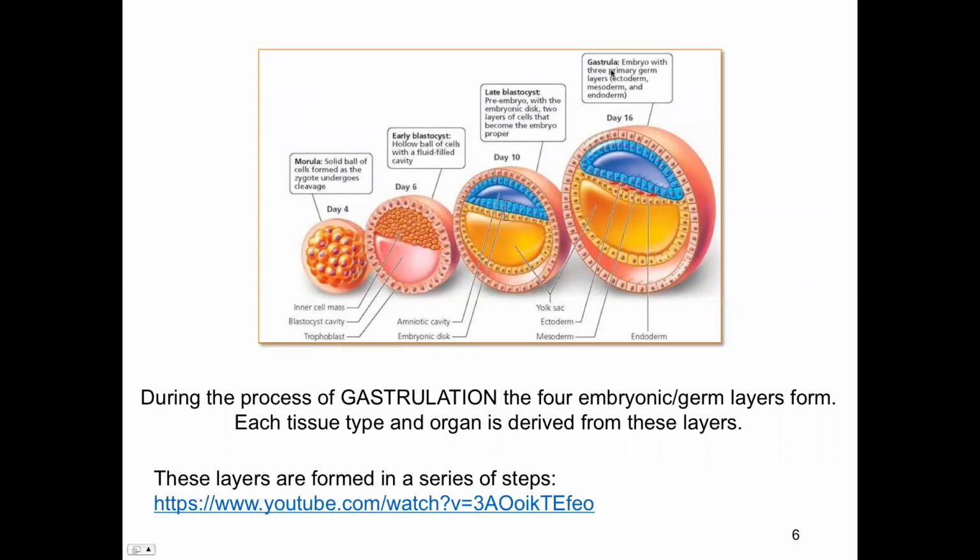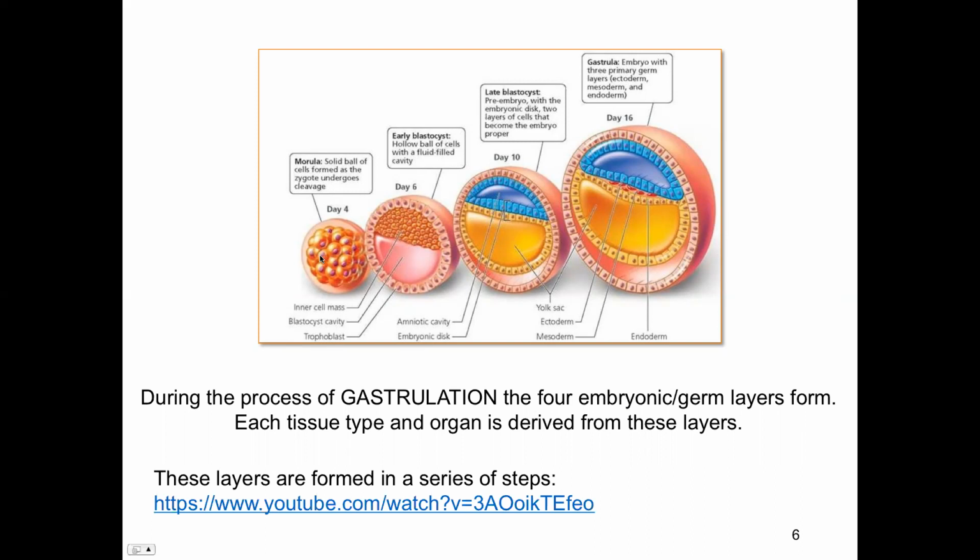At this point, you can see here, you've got your 3 germ layers. The mesoderm is always in the middle, and then there's the ectoderm, and the endoderm is always the one that is deeper in the embryo. Actually, you can see it surrounds the yolk sac. It's kind of interesting the way that works.